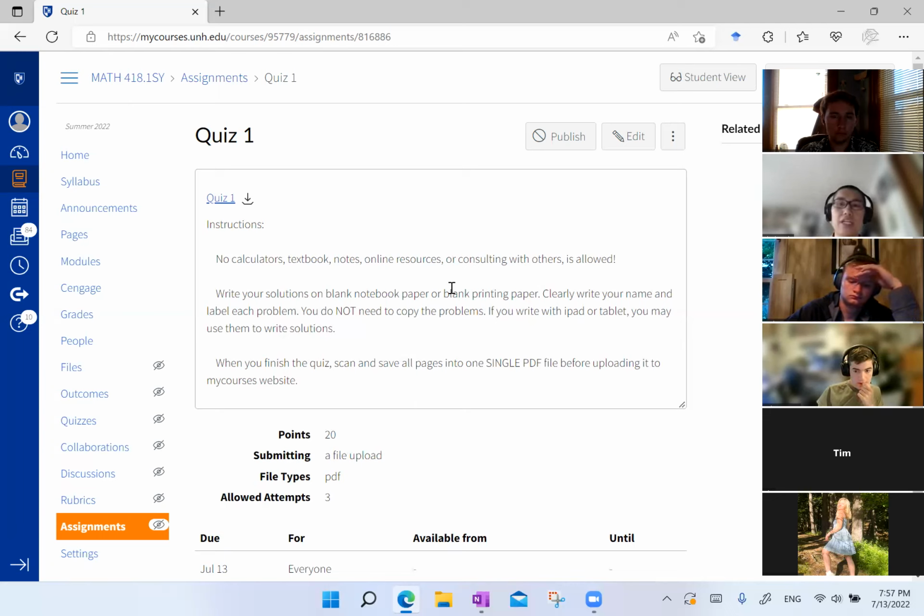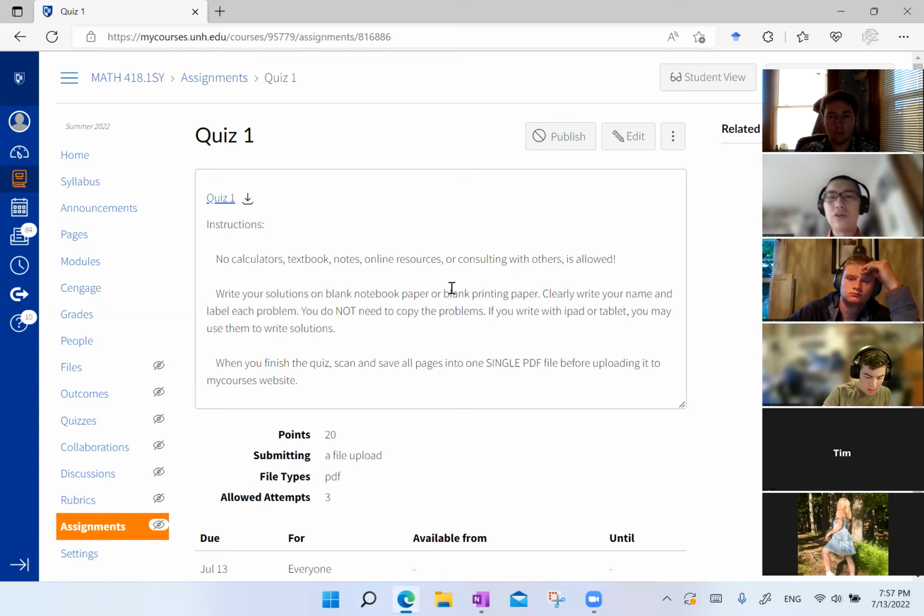You do not need to write down the problems. Just label your solution, like number 1, the solution is this, number 2, write down the solution. Leave some space between number 1 and number 2. Make sure it's easy to tell the difference between the solution to number 1 and the solution to number 2. You don't want me to spend a lot of time looking for your answers.